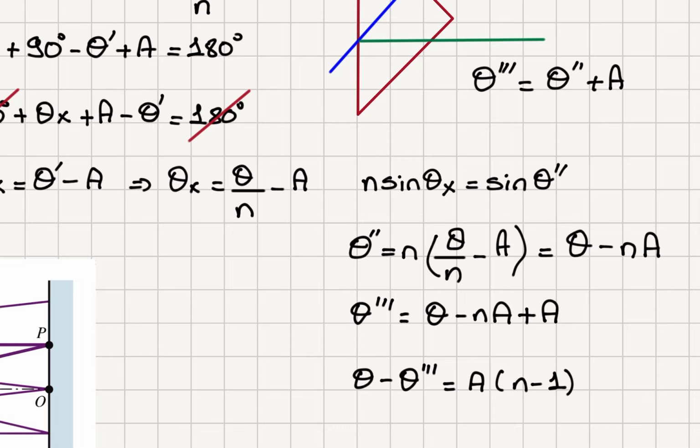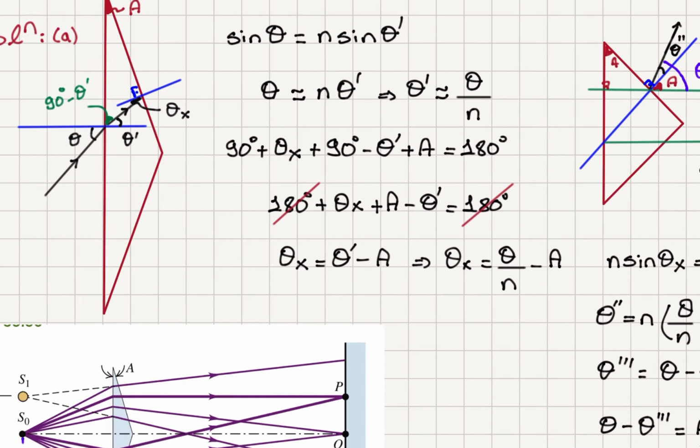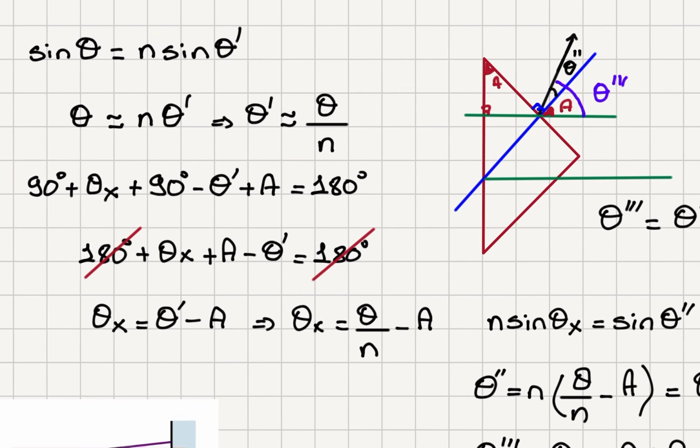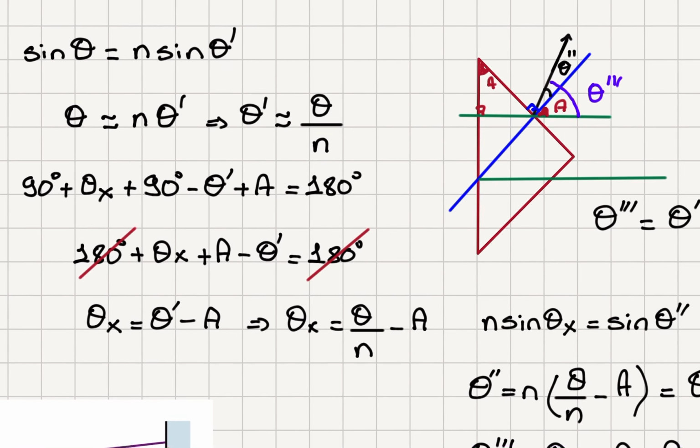Now, what is theta minus theta triple prime? Theta is the angle we make with respect to the horizontal for the incoming ray, and theta triple prime is the angle the outgoing ray makes with respect to the horizontal.